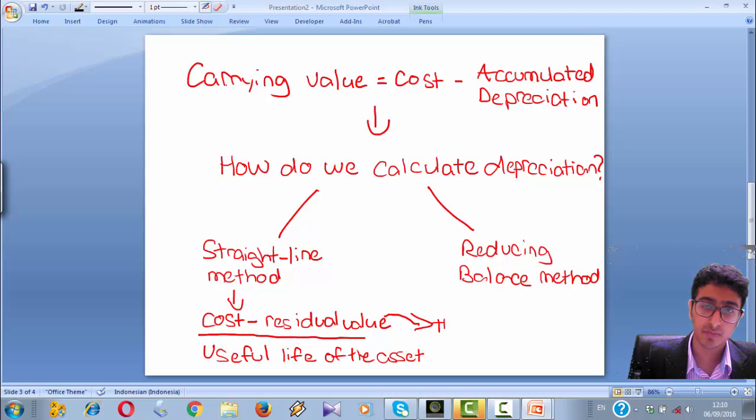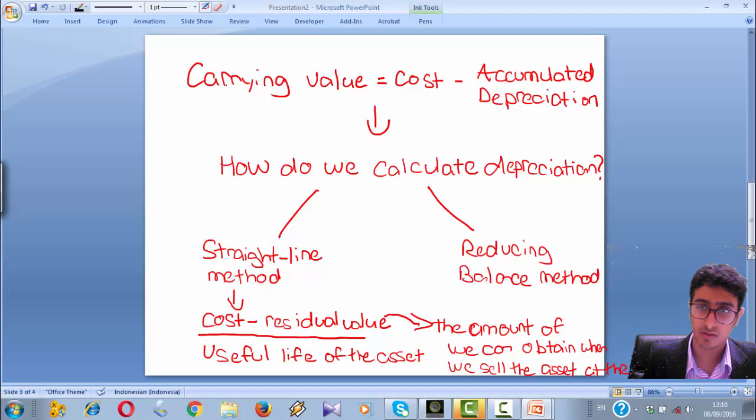Residual value is the amount of money we can obtain when we sell the asset at the end of its life.